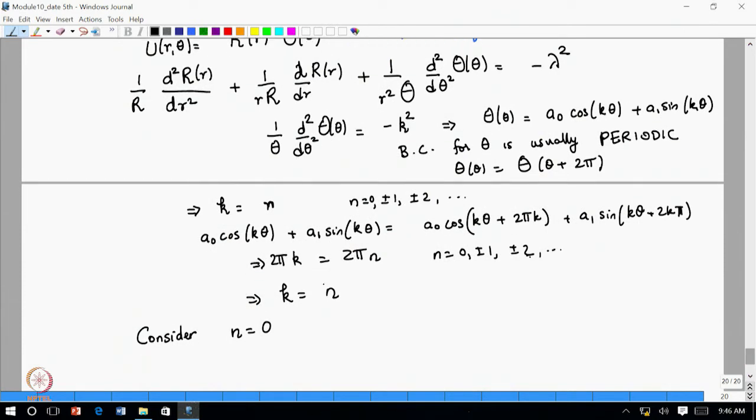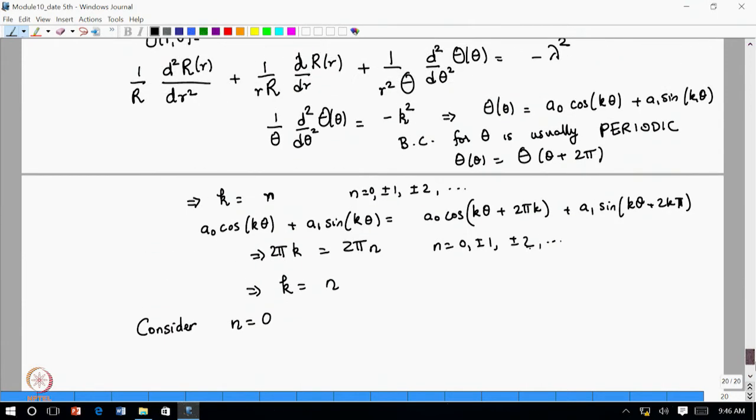So, if n equal to 0, then this last term, d square theta by d theta square, is 0. So, this last term goes to 0. So, our equation for r simply becomes d square r by dr square plus 1 over r dr by dr plus lambda square r equal to 0.